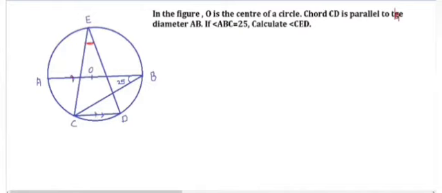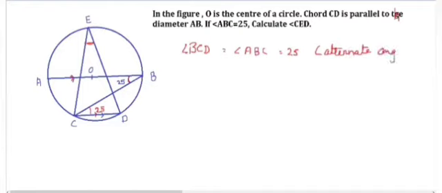If these two lines are parallel, this is 25 degrees, so this is also going to be 25 degrees. So from here I can write angle BCD equals angle ABC equals 25, alternate angles, because the lines are parallel.